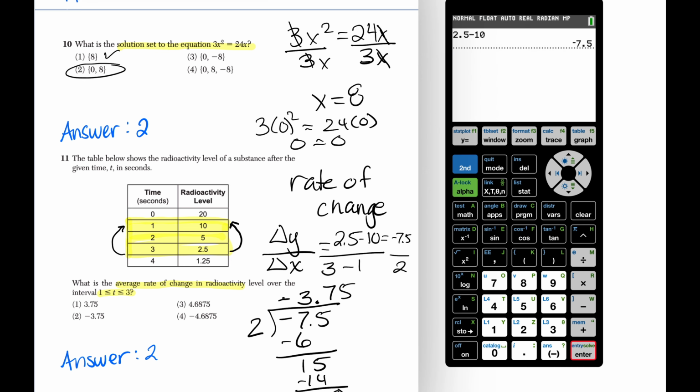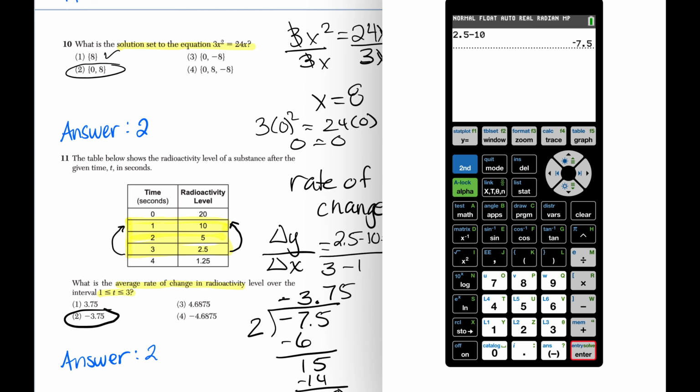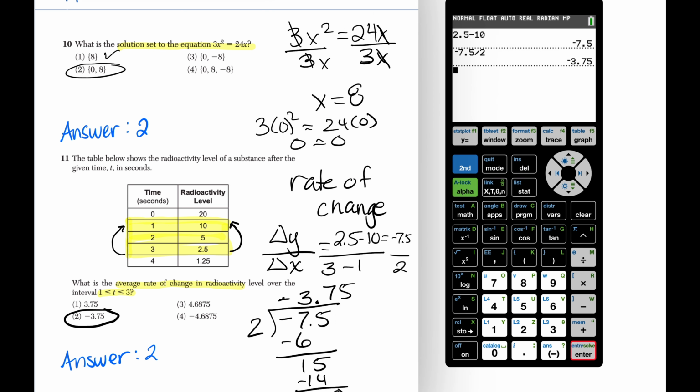So my answer would be negative 3.75, which is my answer too. And again, you could have just done the same thing here, negative 7.5 divided by 2 to get negative 3.75. There are some problems where I just like to do them manually and use my calculator for checking, but you have that option as well. All right, hit pause and jot this down into your notes.